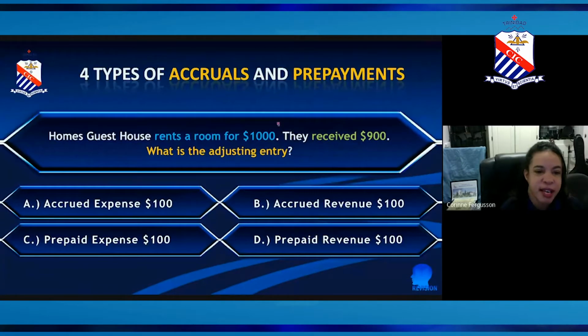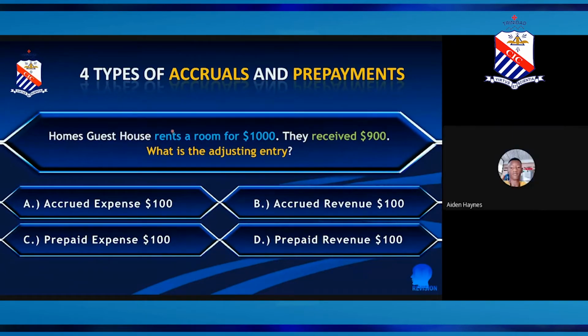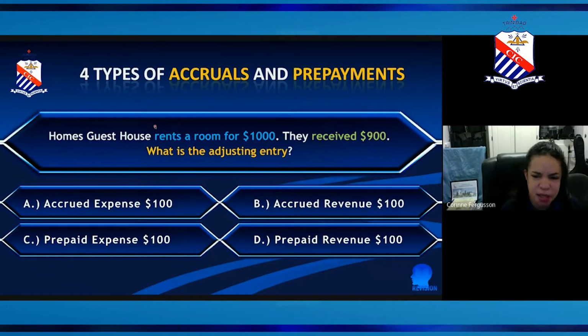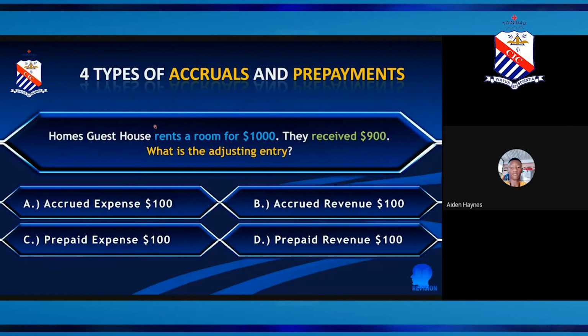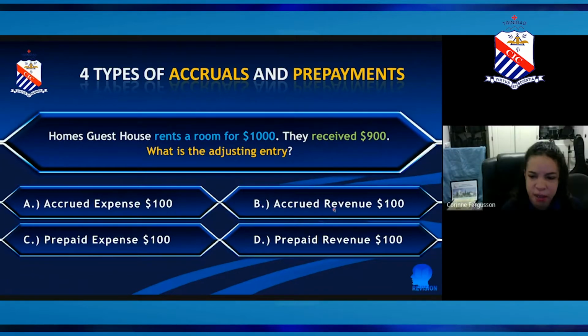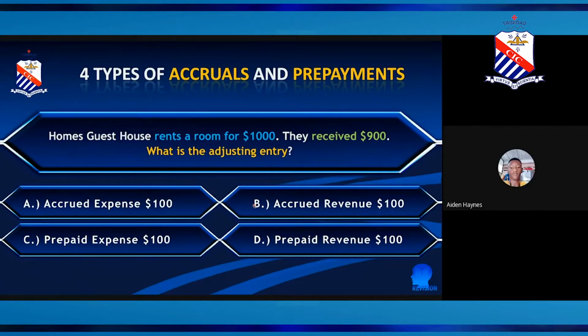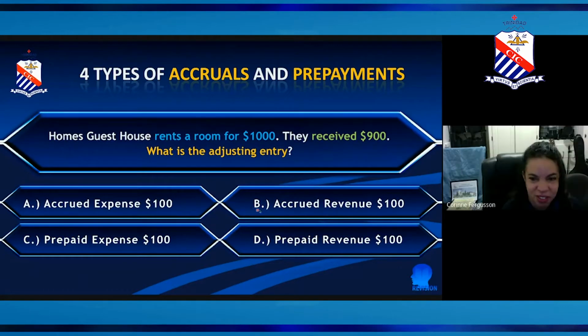So is this expense or is this revenue? Expense. Who says expense? That sounded like Aidan. Aiden. Yes, miss. All right, so then Aidan, you didn't choose B then. No, that was the wrong answer. Oh, so this is the wrong answer?